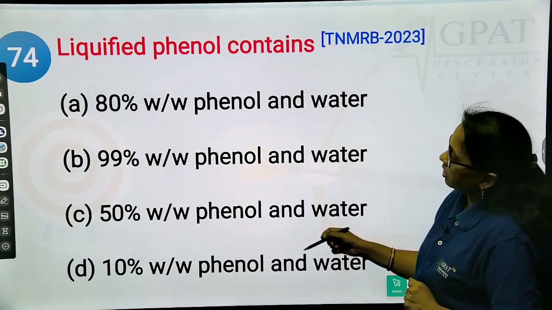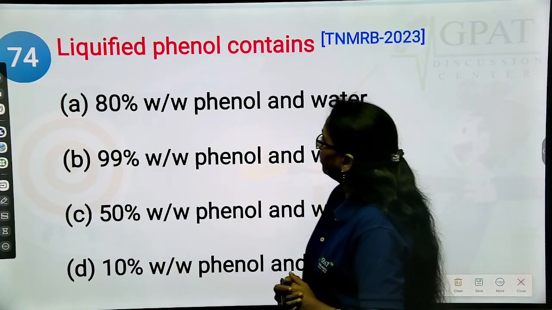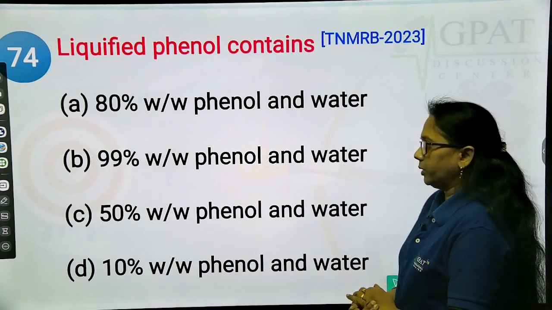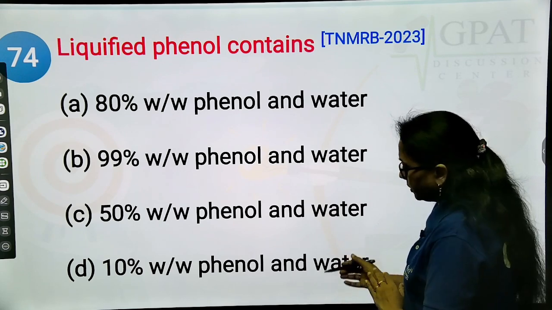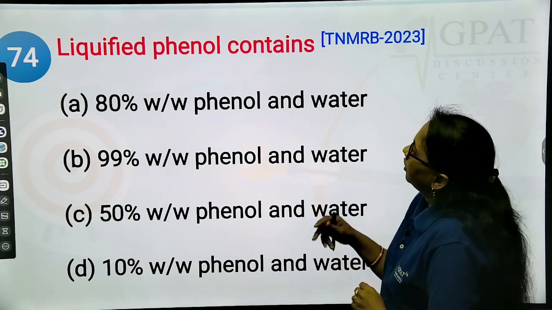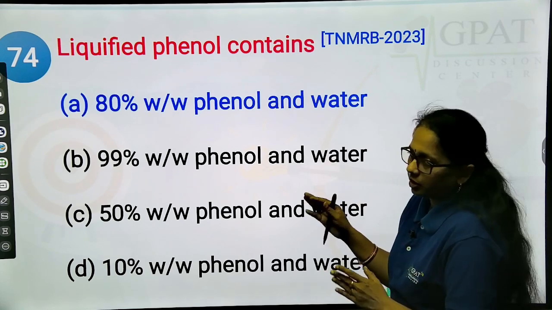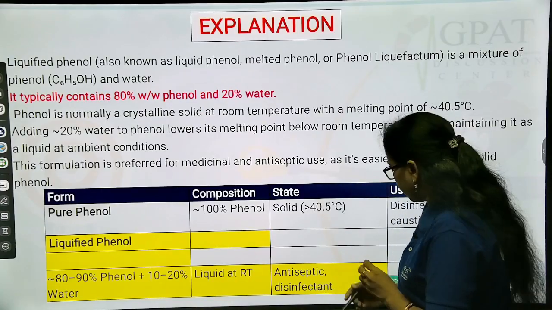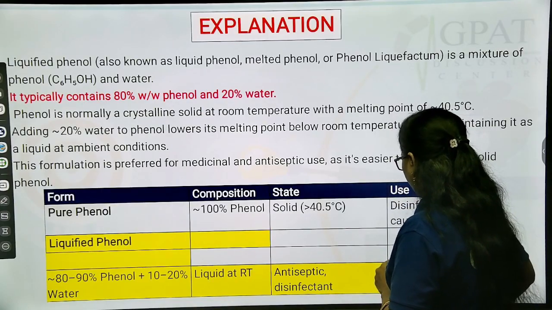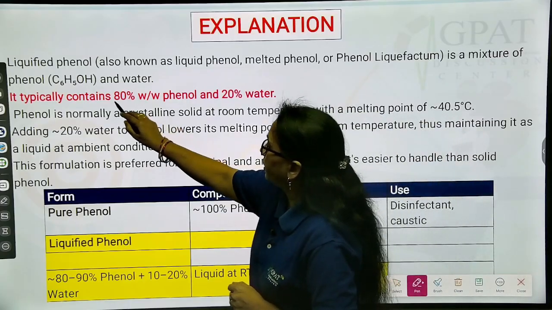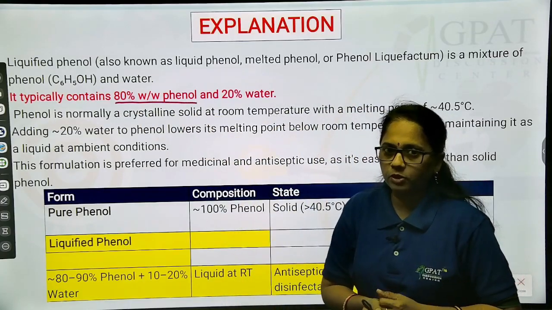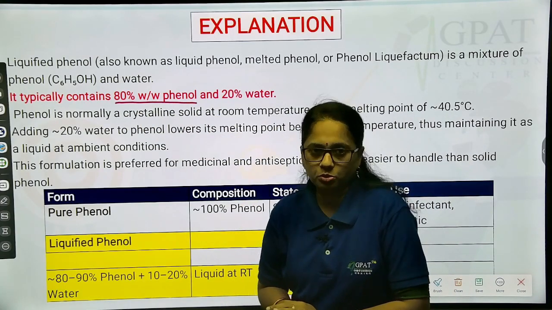Let us see the options: 80% weight by weight phenol and water, 99% weight by weight phenol and water, 50% weight by weight phenol and water, 10% weight by weight phenol and water. Whenever you see phenol in liquid form, on the bottle itself you can find that it is 80% phenol. We use it in topical formulations.